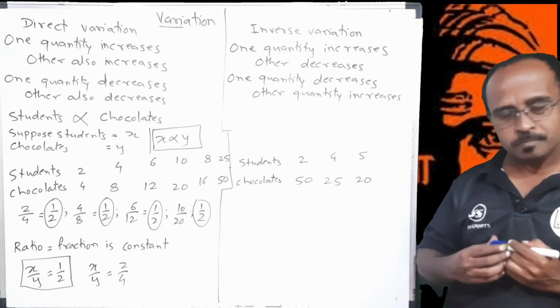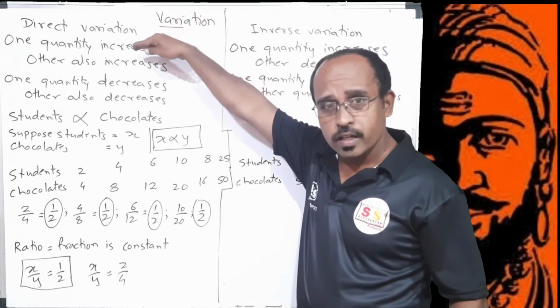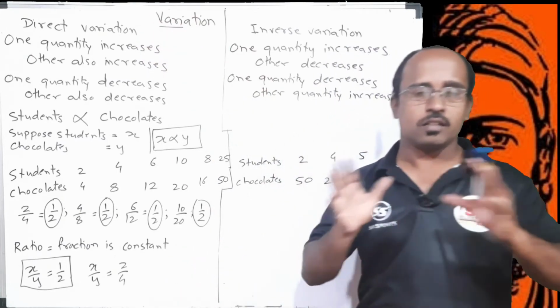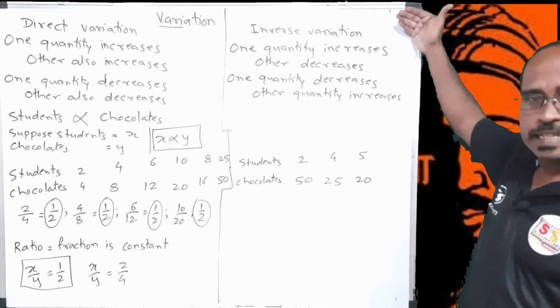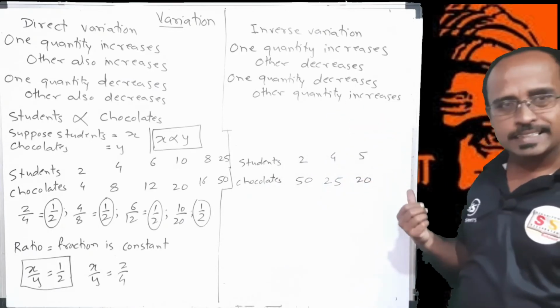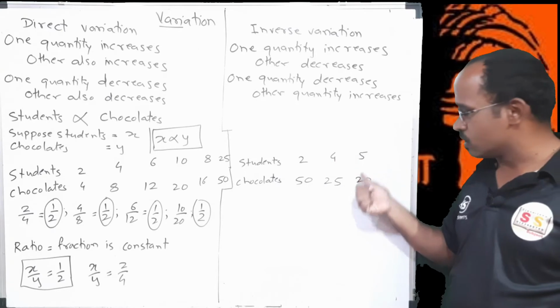Got it, students? In direct variation, if one quantity is increasing, another quantity is increasing. If one quantity is decreasing, another quantity is decreasing. But in inverse variation, if one quantity is increasing, another quantity is decreasing. If one quantity is decreasing, another quantity is increasing. Students 4 to 5 increased.